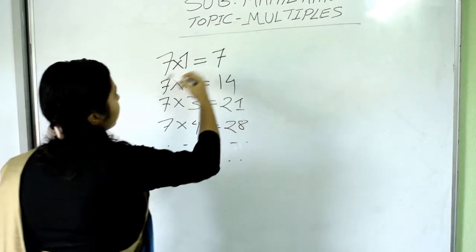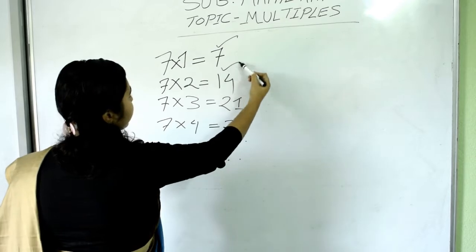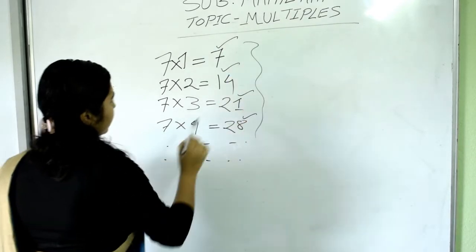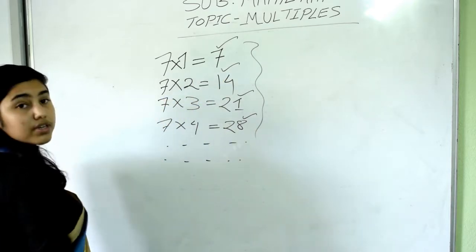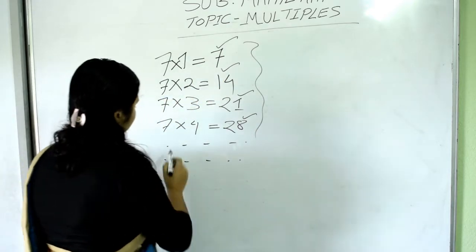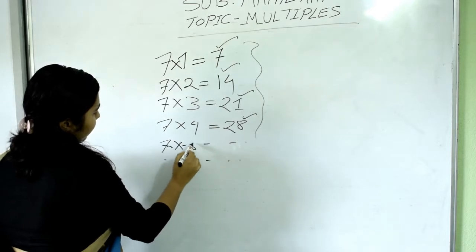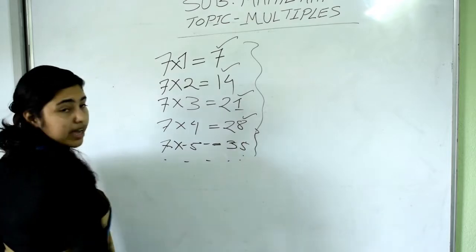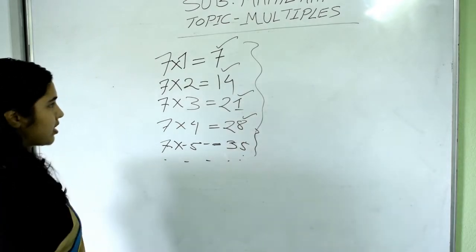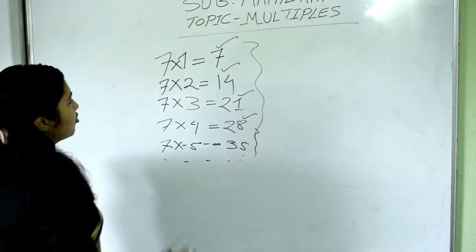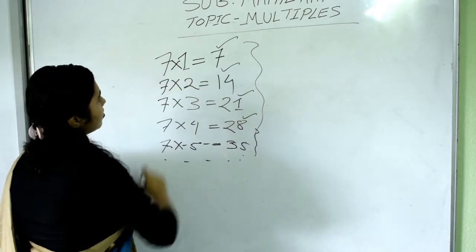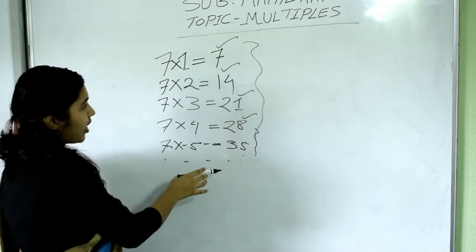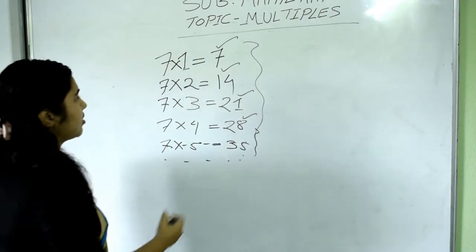Here 7, 14, 21, 28, all of these are multiples of 7. 7 into 5 equals 35. So 35 is also a multiple of 7. Now these are the first 4 or 5 multiples of 7.